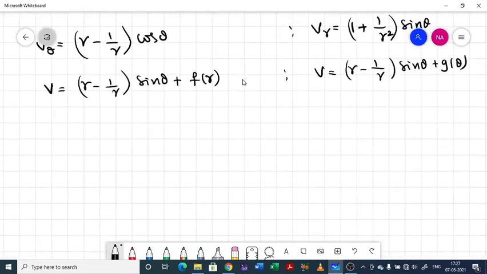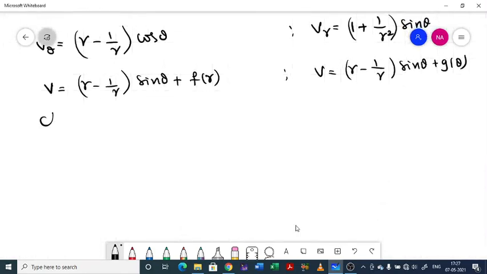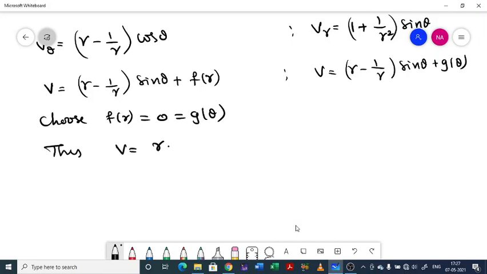We need to choose both f of r and g of theta to be 0. Thus v equal to r minus 1 by r sin theta. So that is the required answer.